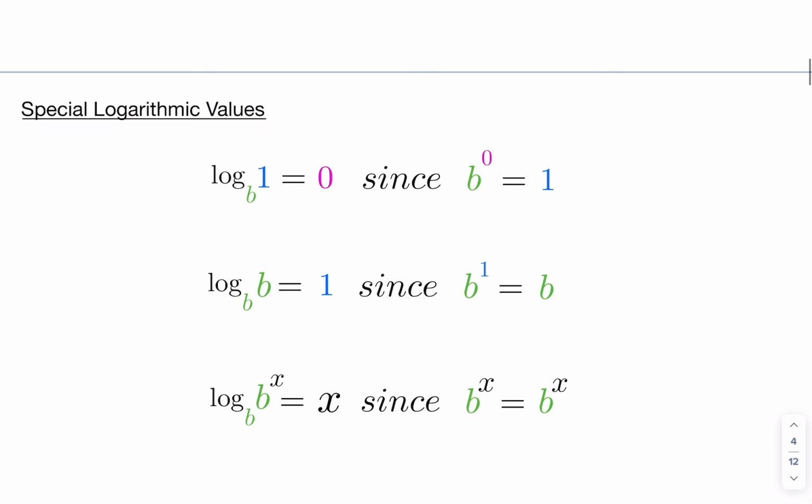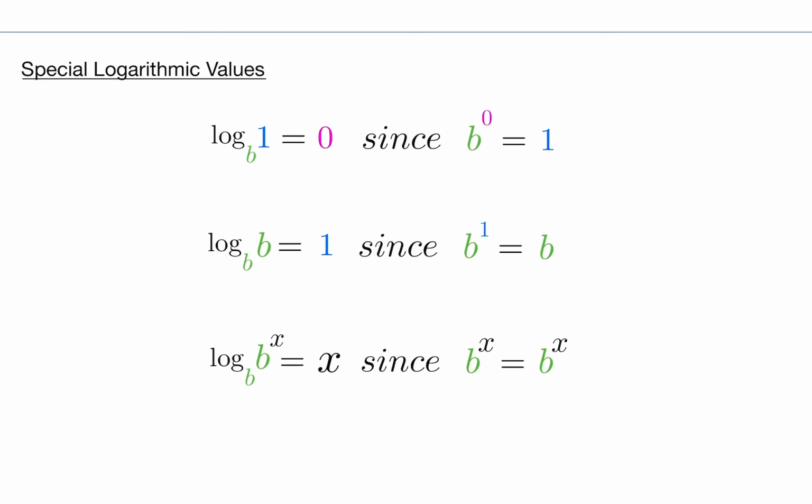A couple of things we also need to be aware of with logs. These are some relationships that, if you know them in advance, will help you and simplify future calculations. For example, if the log of 1 base b is equal to 0, then b to the 0 power is equal to 1, which means anything to the 0 power will always be 1, so b could potentially be any value.